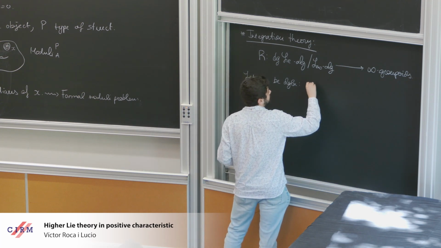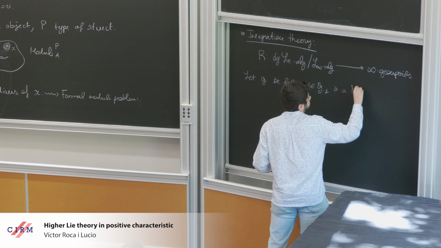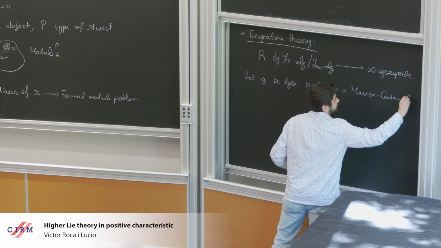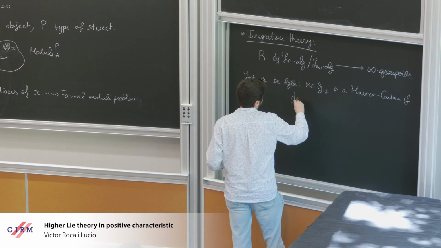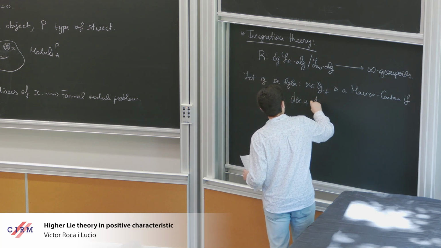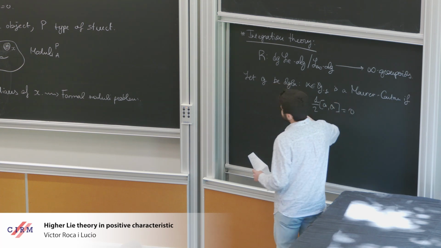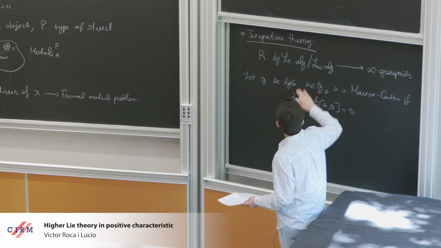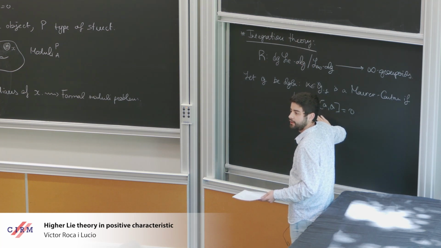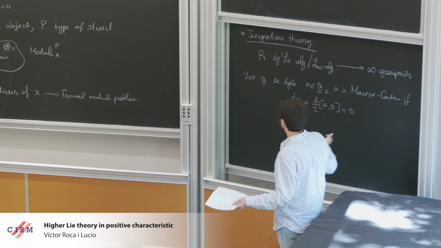An element alpha in degree 1 is a Maurer-Cartan element if it satisfies the following equation: the differential of alpha plus 1/2 of the bracket of alpha with itself is equal to 0. It's a known heuristic that points in that space should correspond to solutions to the Maurer-Cartan equation in your differential graded Lie algebra. So we have a set, the Maurer-Cartan set.